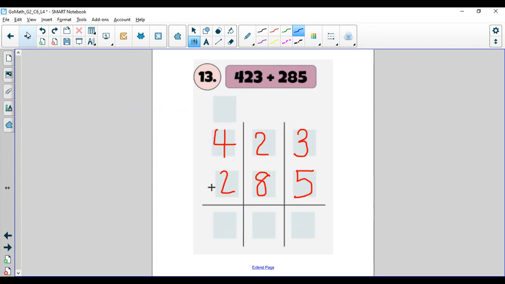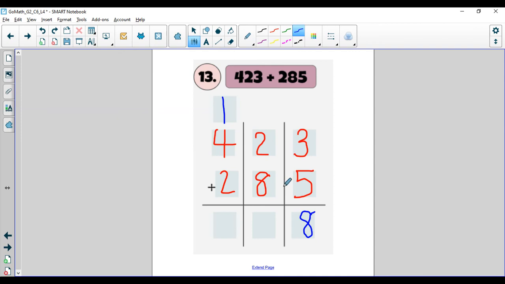And last but not least, 423 plus 285. 3 plus 5 equals 8. 8 plus 2 equals 10. So I know I made a group of 10 tens, which is 100.